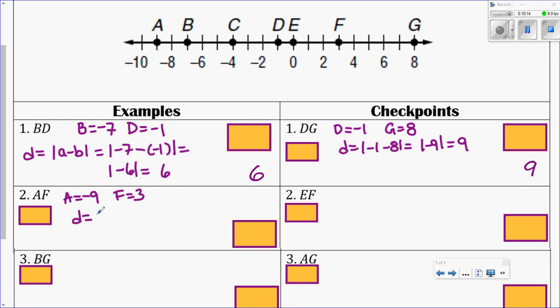And you're using the formula. Let's say I use B minus A, and then I use the B, so 3 minus -9. And then we find our number, which will be, since a negative times a negative gives you a positive, it will be 12. And then you just come out with 12.